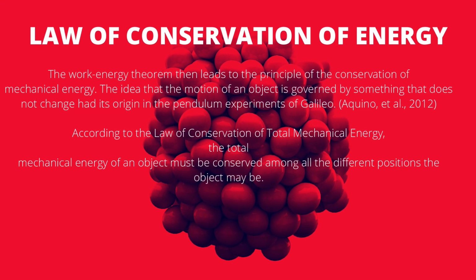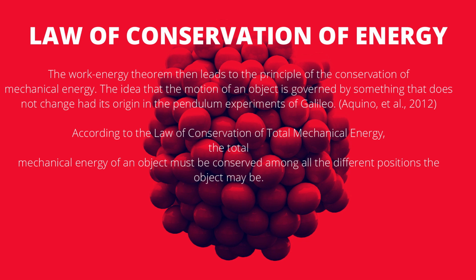Now let us proceed to the law of conservation of energy. The work energy theorem then leads to the principle of the conservation of mechanical energy, the idea that the motion of an object is governed by something that does not change, which had its origin in the pendulum experiments of Galileo.